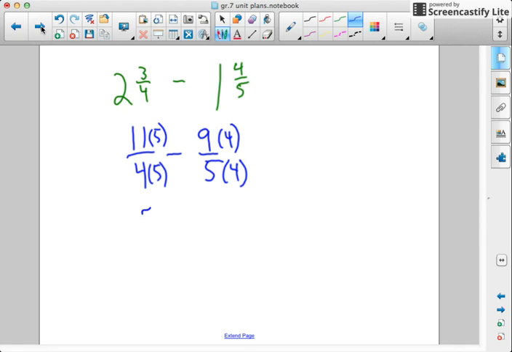The new fractions are 55 twentieths minus 36 twentieths. So if I subtracted the tops of those, I would get 19 twentieths.